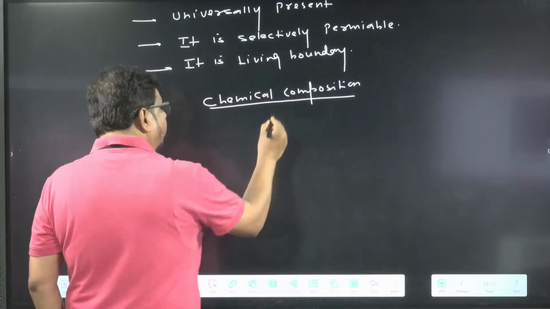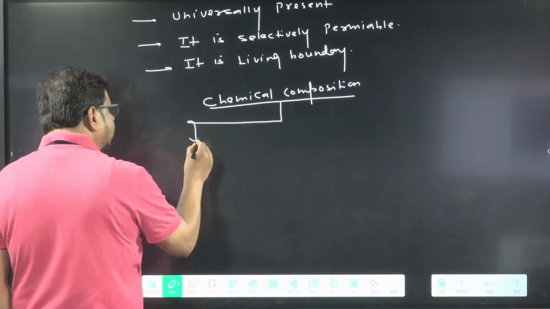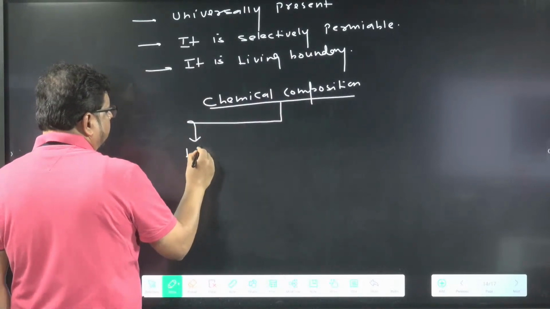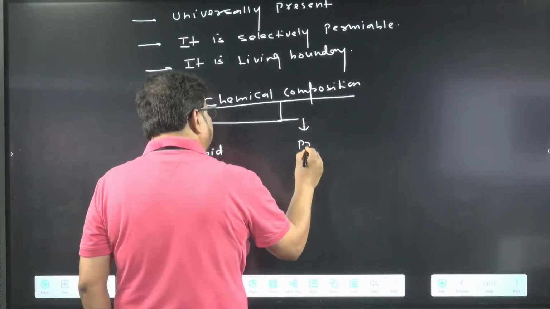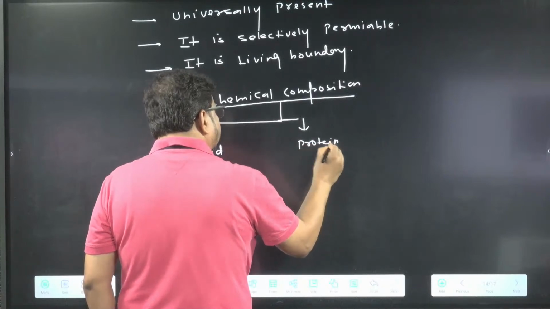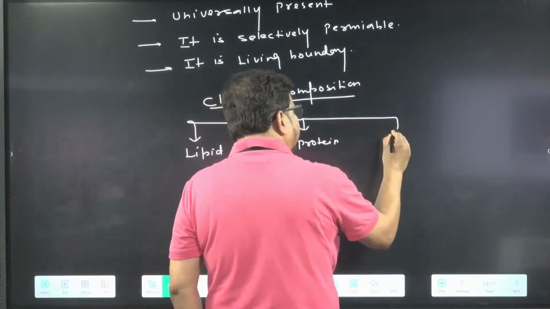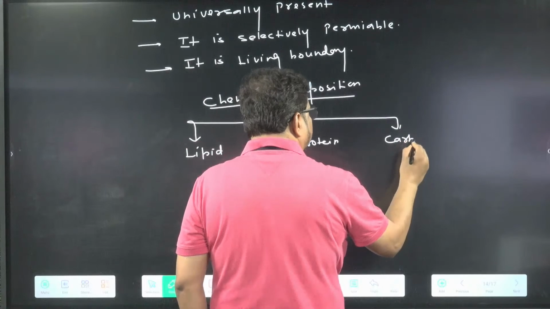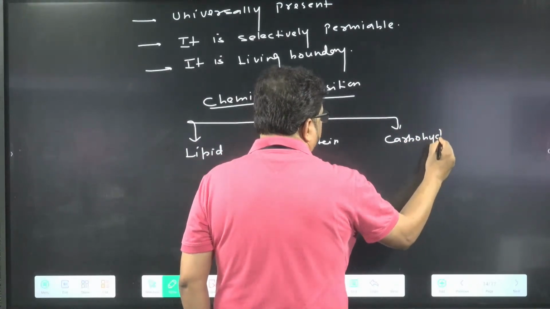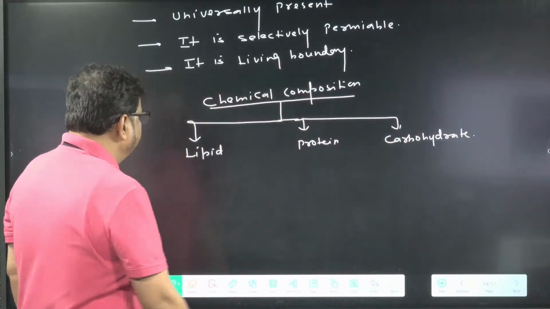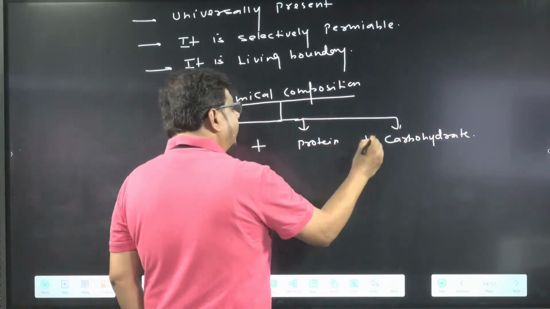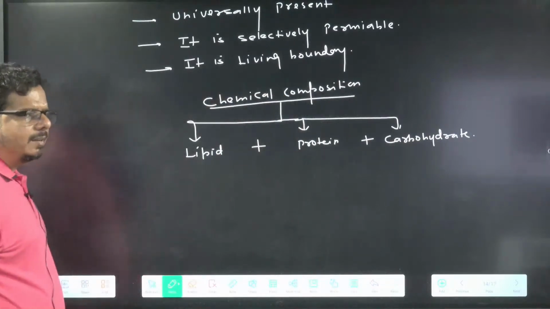It is made up of lipid, also protein, also carbohydrate. So lipid plus protein plus carbohydrate, all three are present in the plasma membrane.